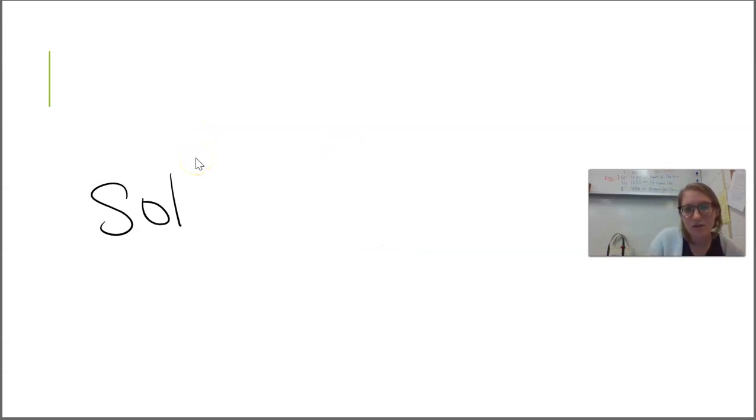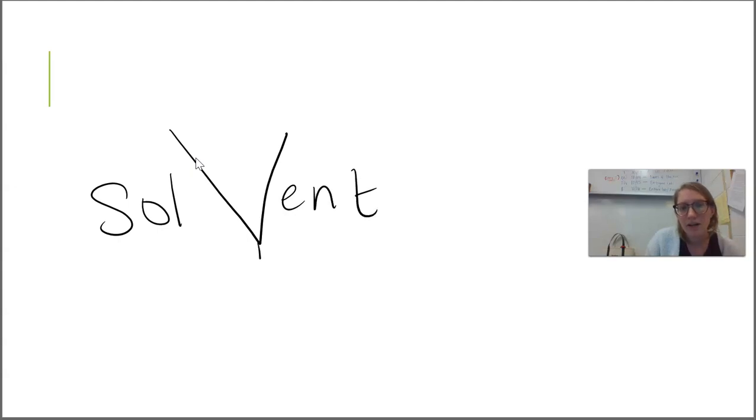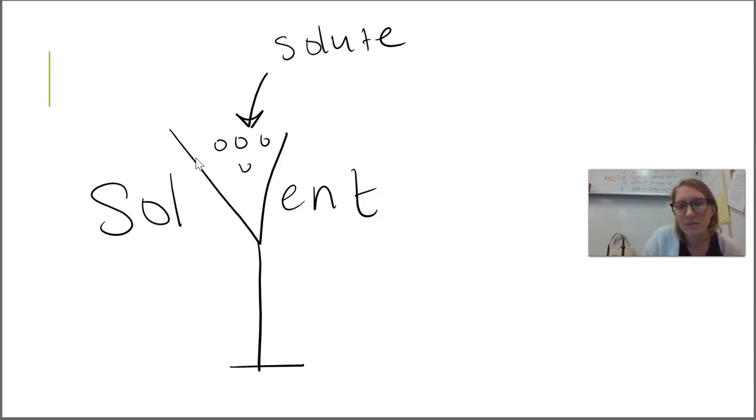You draw solvent really big, and then the V really, really big, like an adult beverage glass. Solvent, right? Looks kind of like a martini glass. I didn't say that. And what do you put into it? You put solute into the solvent.